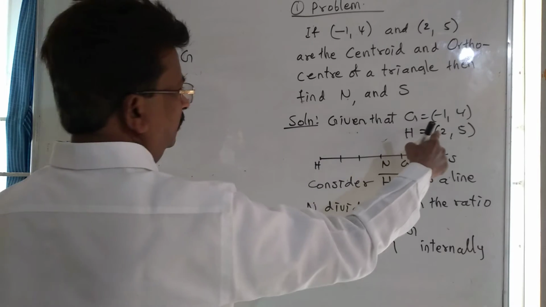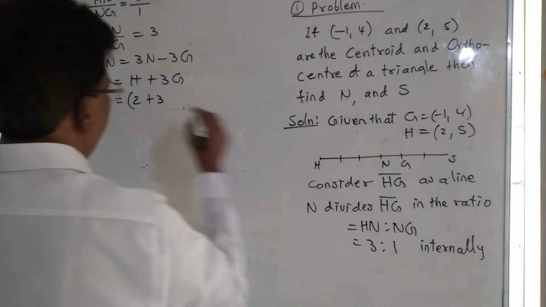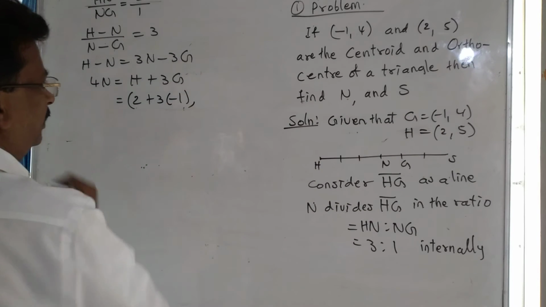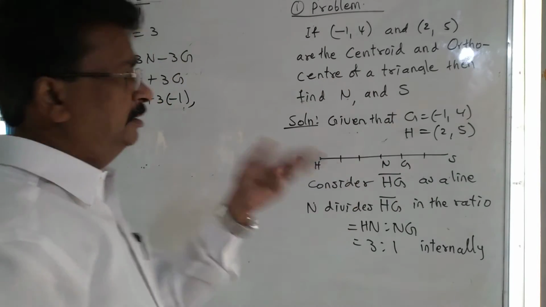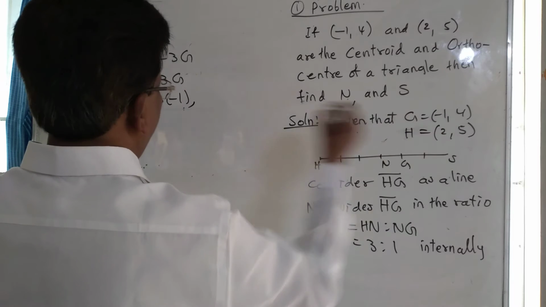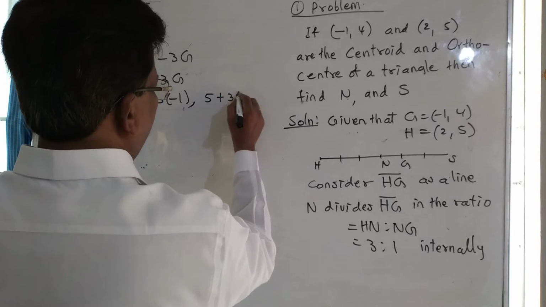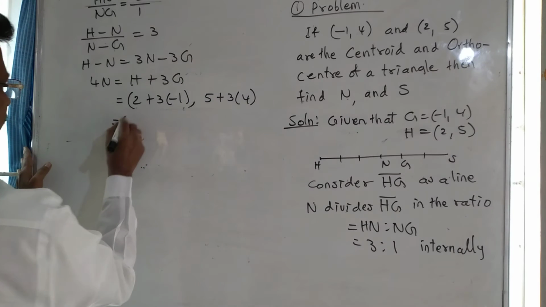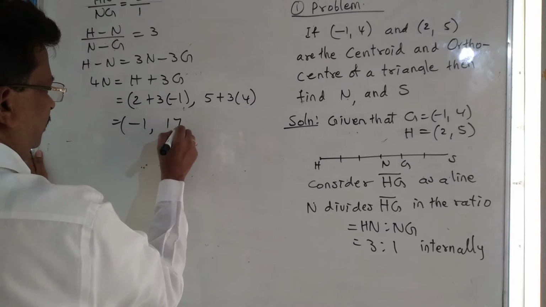H x coordinate 2 plus 3 into g x coordinate minus 1, comma, next again put the y coordinates of the same points. H y coordinate 5 plus 3 into g y coordinate 4, minus 1, comma, 12 plus 5, 17.